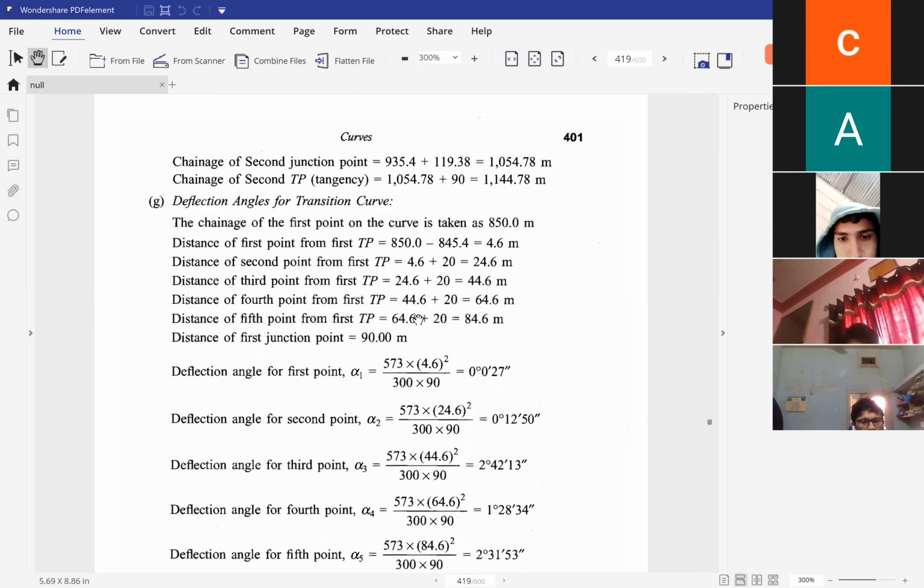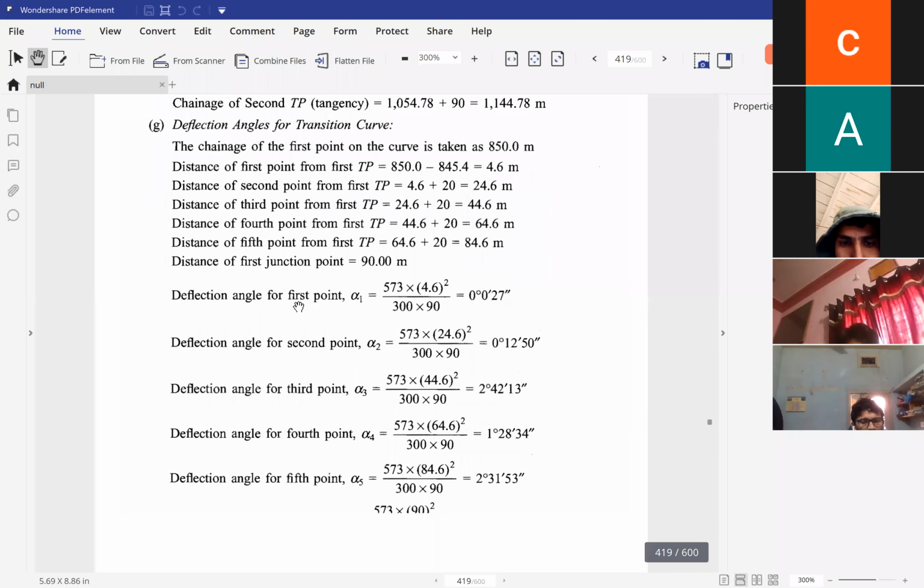Now one important thing over here, different from the previous practice, is that in the case of circular curves we were calculating the lengths for the individual segments, that is for the initial subchord, then the final subchord, and then the full chords, and at the end we were accumulating the angles. But over here we are taking the cumulative distance, right? And then there is no need to calculate the cumulative angles. You will see this in a while.